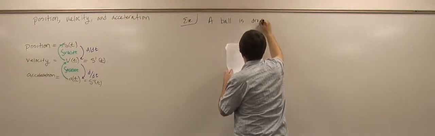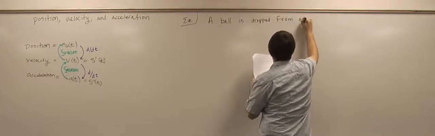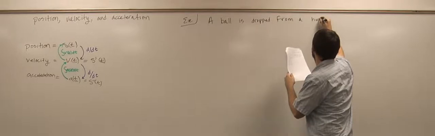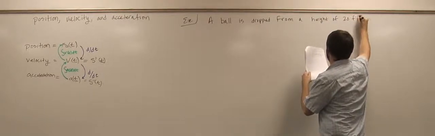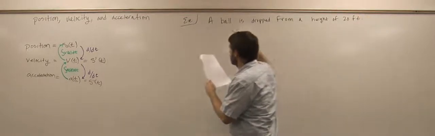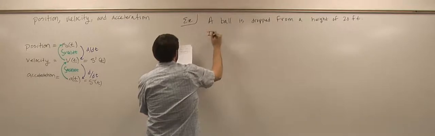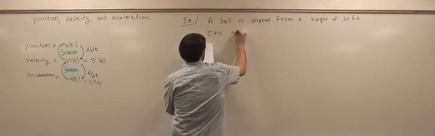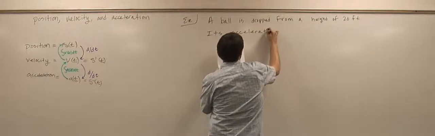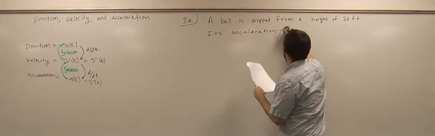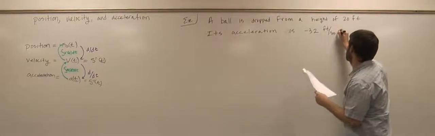A ball is dropped from a height of 20 feet. Any object that's dropped, any object falling, has an acceleration due to gravity of negative 32 feet per second squared.